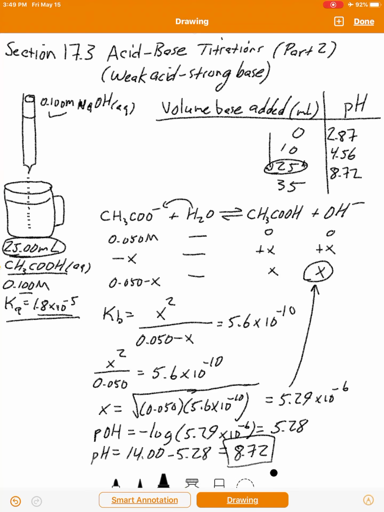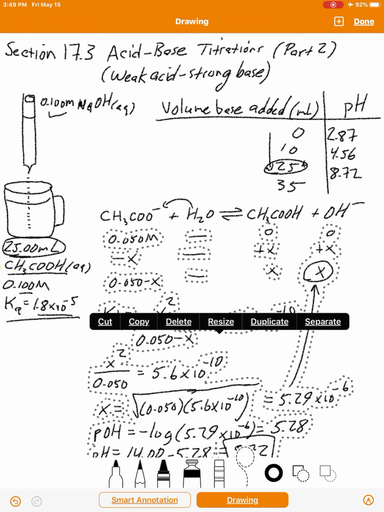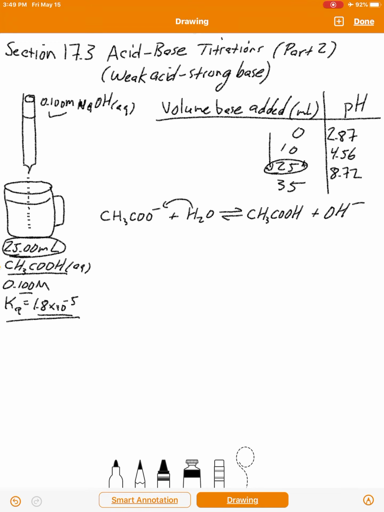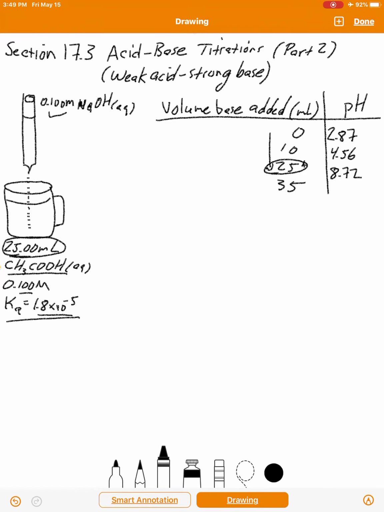So we've got one more point to do, which is the 35 ml. I'm going to actually leave our equilibrium equation here. Actually, you know what? Let me go ahead and erase that as well. 35 ml.